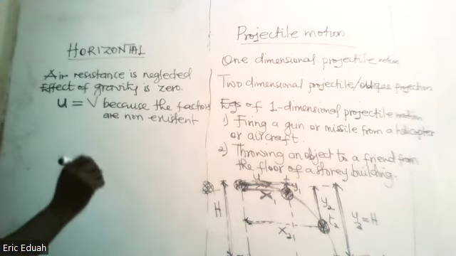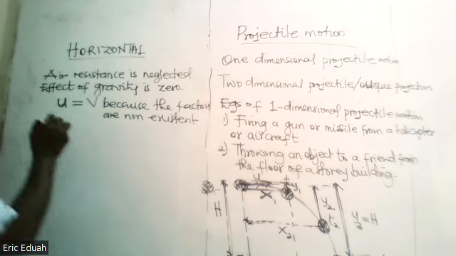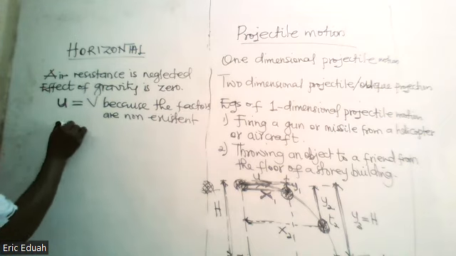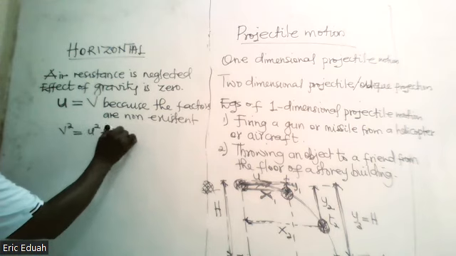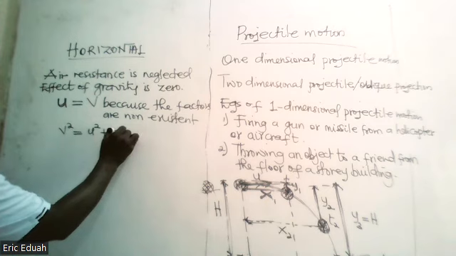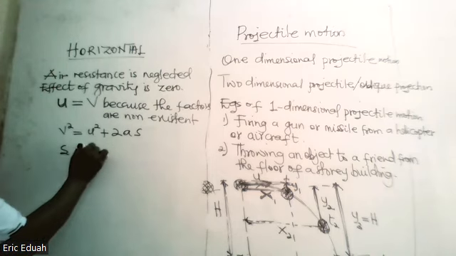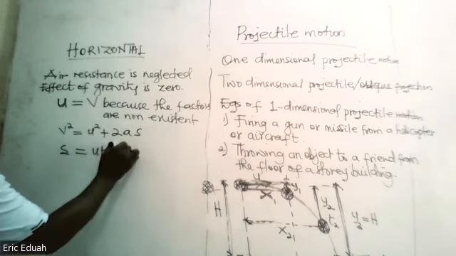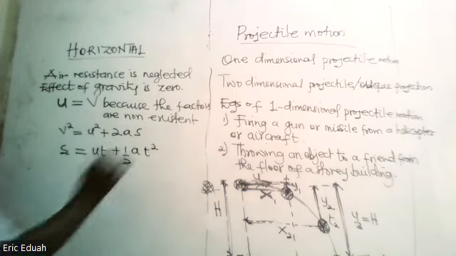Now, we can use the equations of motion. If we use v squared is equal to u squared plus 2as, or s is equal to ut plus half at squared.